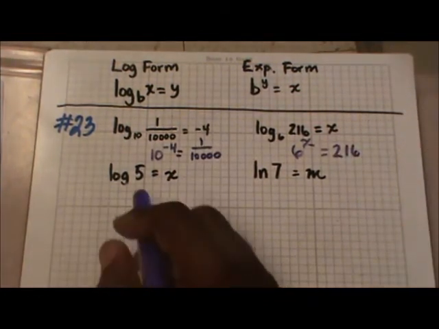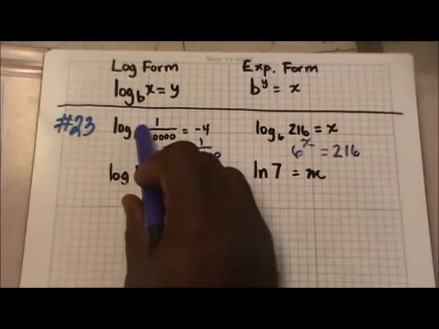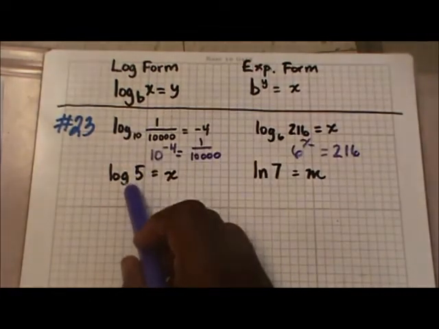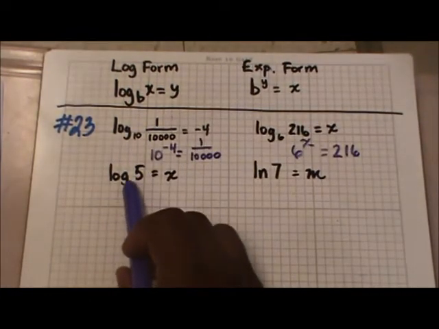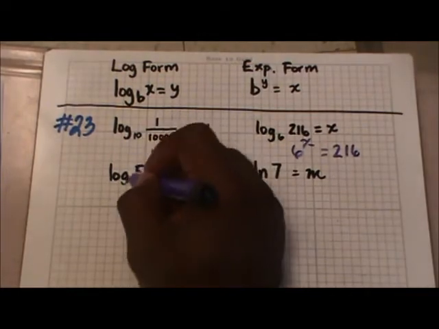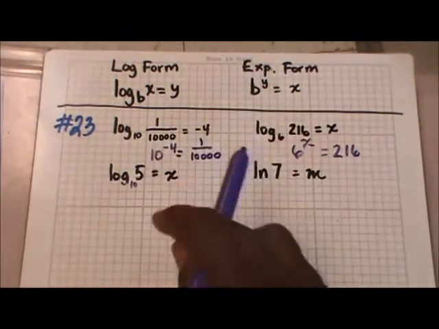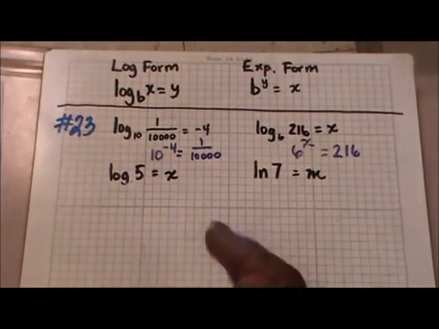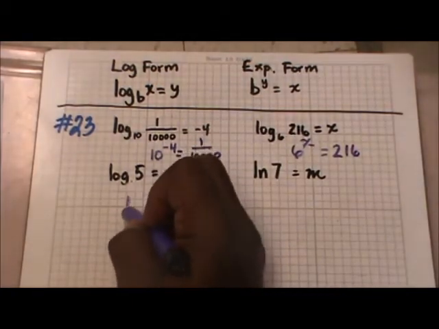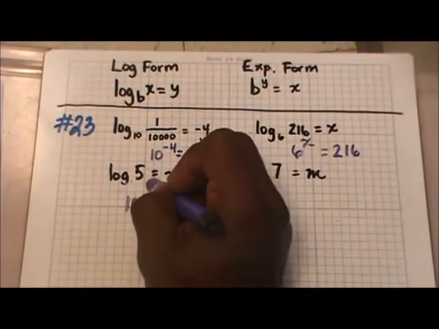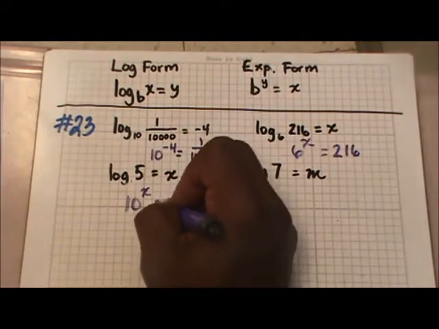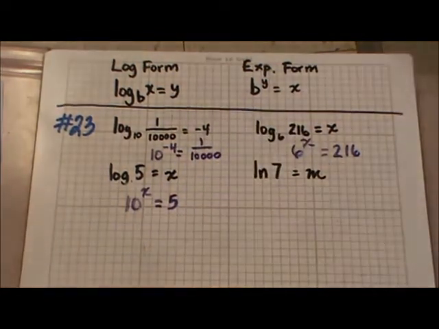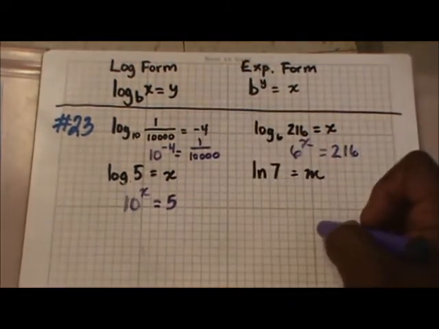Next one, here they put the base 10, here they didn't put the base 10. But if it's a log problem and the base is missing, the base is already 10. So we bring our 10 up and we flip-flop our x and our 5. And then natural log, that's what ln is.